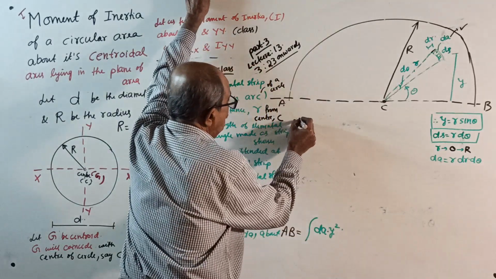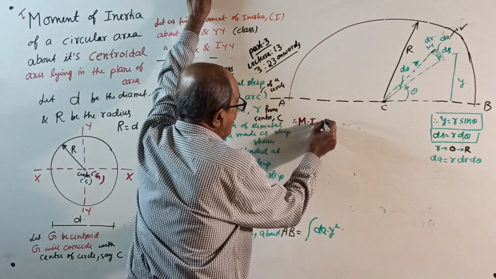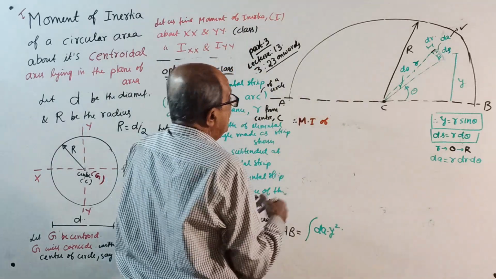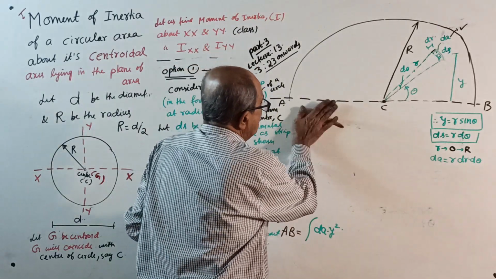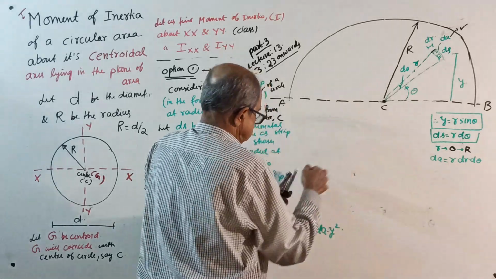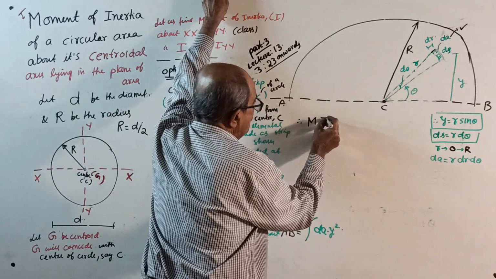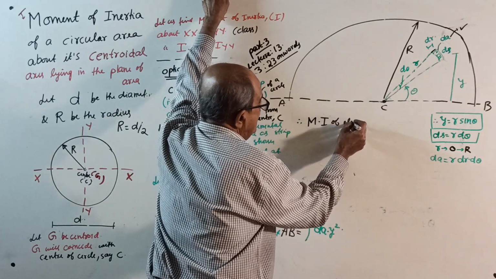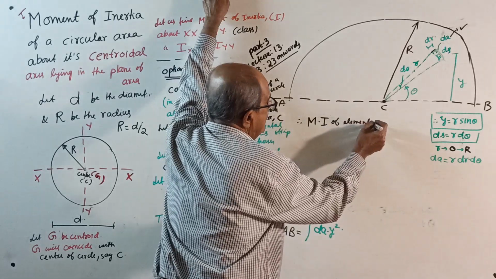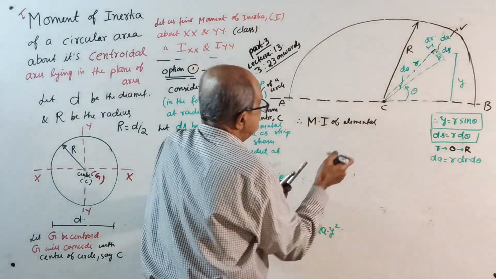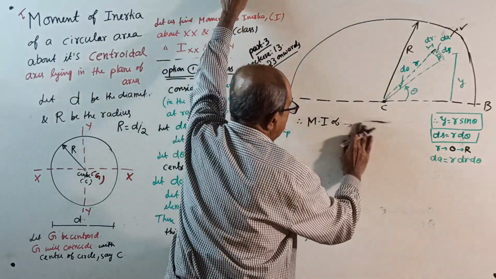Therefore, moment of inertia, I'll write in red color. Red I can't write because I am not doing the centroidal axis. Therefore, as a short form, moment of inertia of the elemental strip. The elemental strip should be green color as per my usual format.